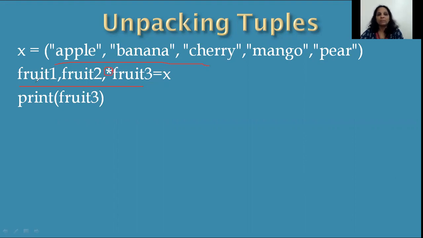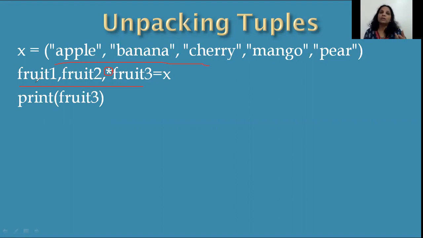Now what exactly happens? fruit1 takes the first element, which is apple. fruit2 gets the second element from the tuple, which is banana. And because you wrote *fruit3, it means fruit3 doesn't store just one value, it can store many values. So when I say print fruit3, what does it show me? Cherry, mango, and pear. But it shows it to me as a list.